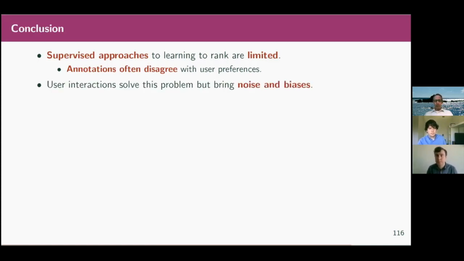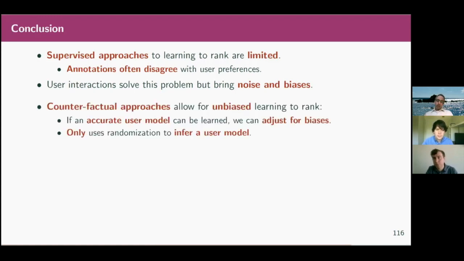We ended up discussing user interactions as a way of solving this problem, but nothing comes for free. User interactions bring noise, they bring bias. We then discussed different ways of dealing with the bias. Counterfactual approaches allow for unbiased learning to rank: if you can learn an accurate user model, then you can adjust for the bias, and you then only use randomization to infer that user model.